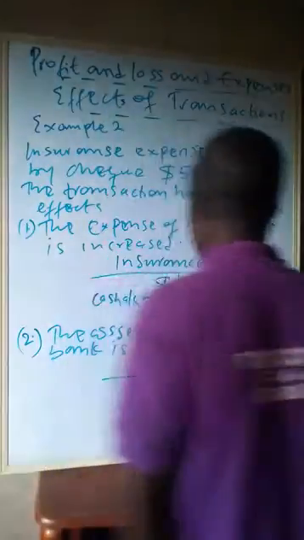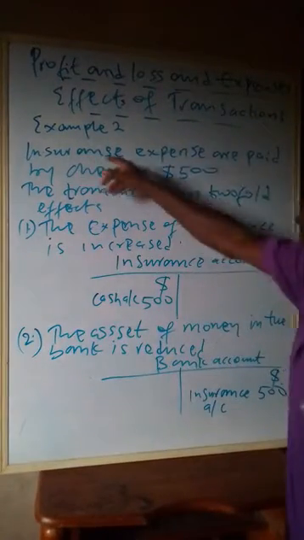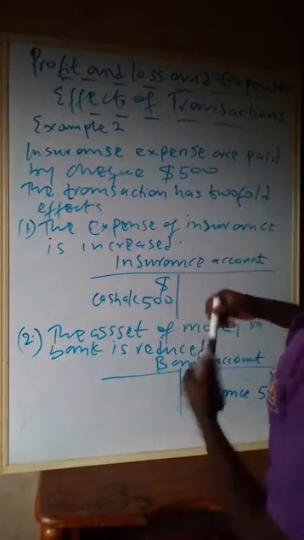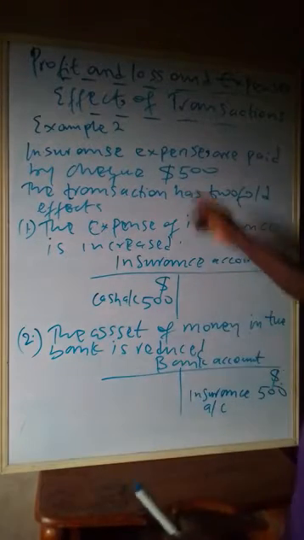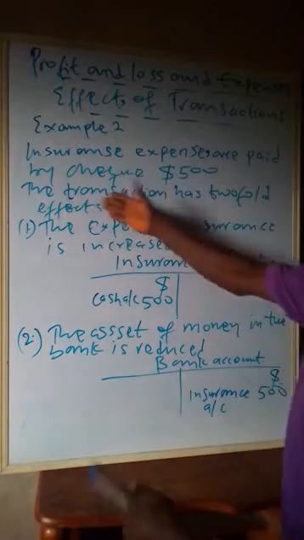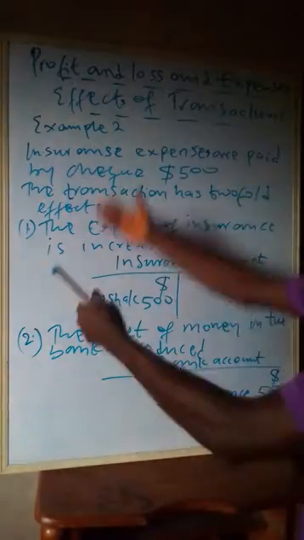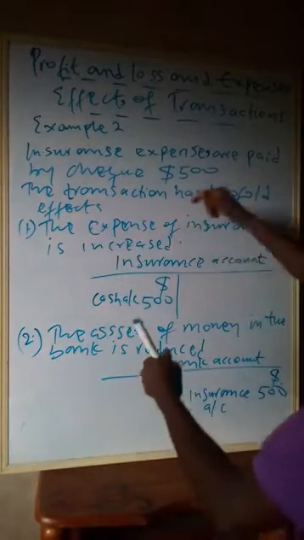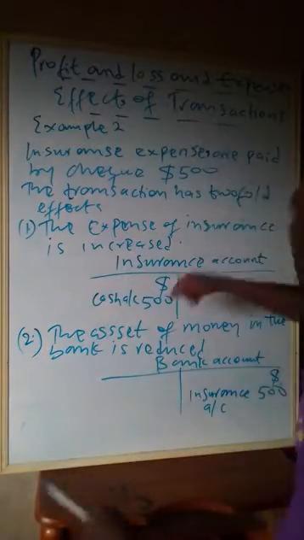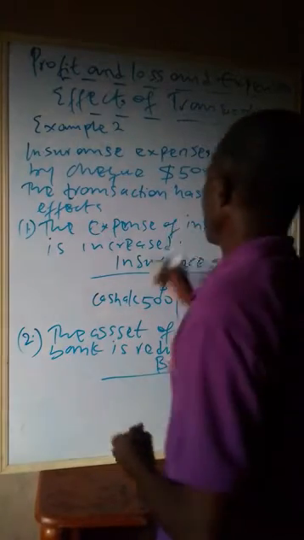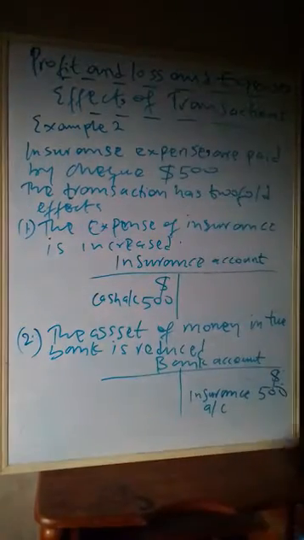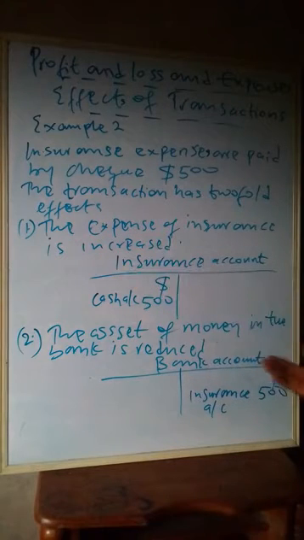Next, let me go over it. Insurance expenses are paid by check, $500. You see, the transaction has a twofold effect. The expense of insurance is increased, and when expenses increase, you debit.